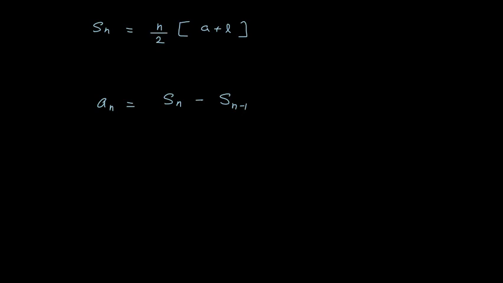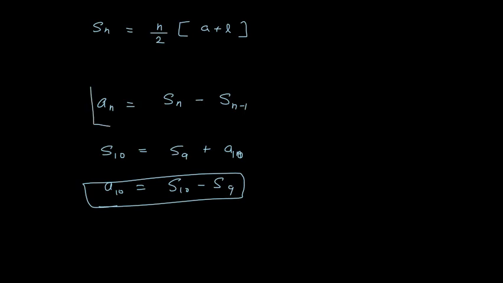So S10 is the sum of the first 9 terms plus the 10th term, and a10 is S10 minus S9. The same thing we use here: an is equal to Sn minus Sn minus 1. If you know the sum of n minus 1 terms and the sum of n terms, or you know the expression, then you can find an.